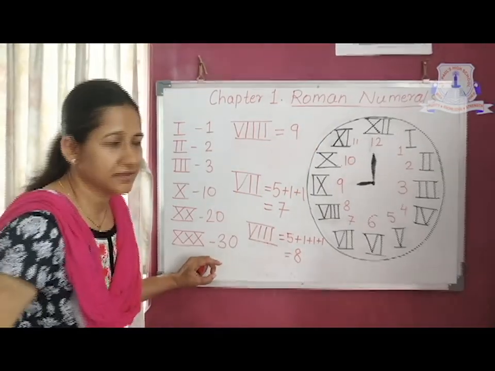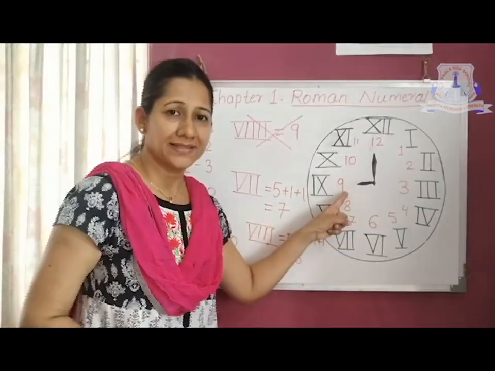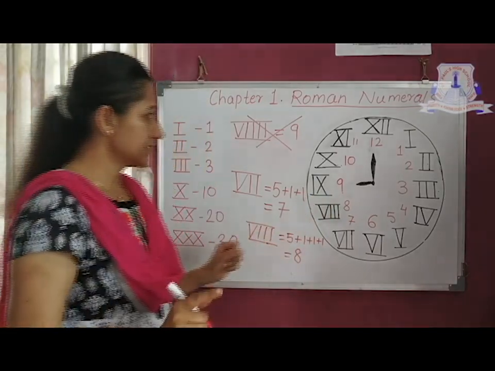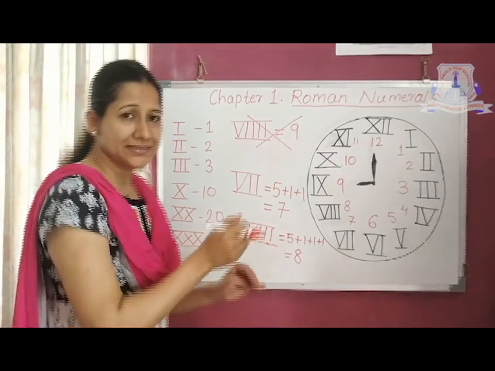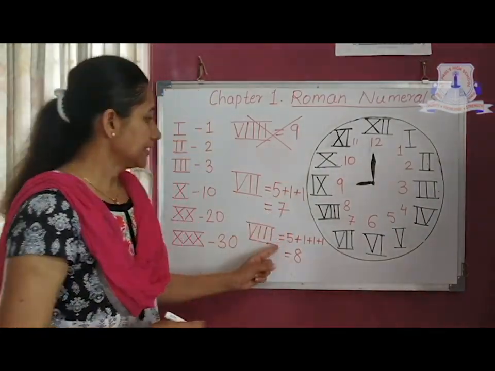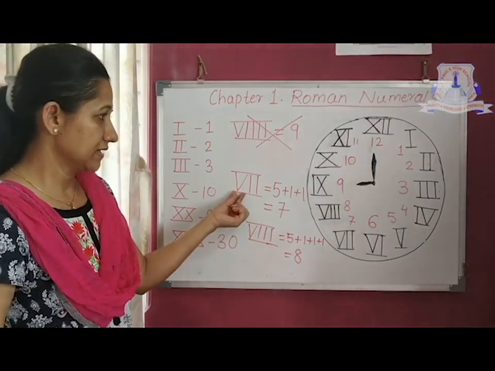So this is wrong. To write 9, there is another rule which we will explain later. I hope adding the numbers to the bigger number and writing the numbers is clear to you as far as letter V is concerned.